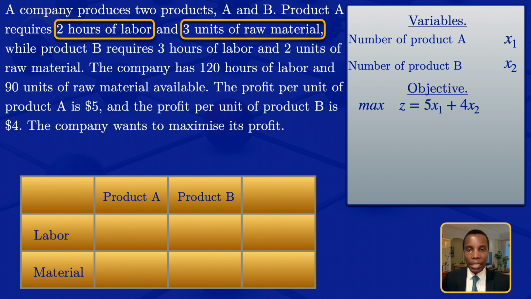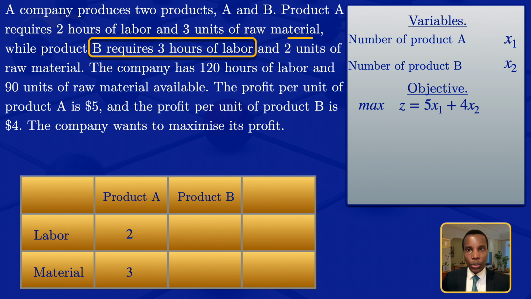For product A, from the highlighted parts, it requires 2 hours and 3 units of raw material. I now move on to product B. It requires 3 hours of labor and 2 units of raw material. So I can write the 3 on the row where we have the labor and the 2 on the row where we have the material. And then go on to the next step.